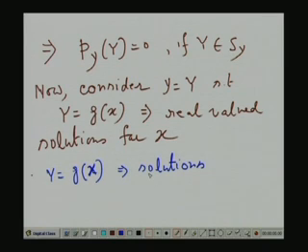For a particular y, you are solving this equation, the solutions are given by x equal to x1, x2, x3 and so on. It does not matter whether you have infinite solutions. Okay. These are the solutions. So, g of x1 is y, g of x2 is y, g of x3 is y, and like that.